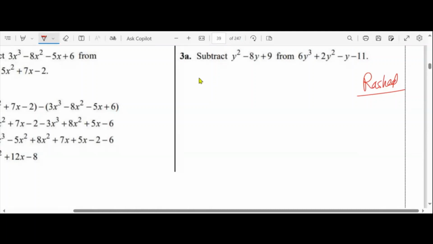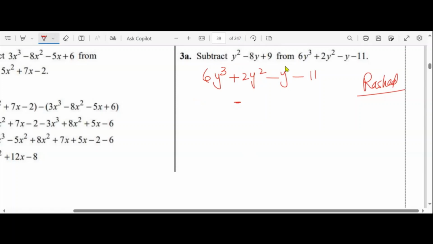Subtract. Subtract this from this. So which one goes in the top? Okay. Is this clear? And now what about this one? Is going to be negative, correct? So I have to change the sign. So it's going to be what? Negative.